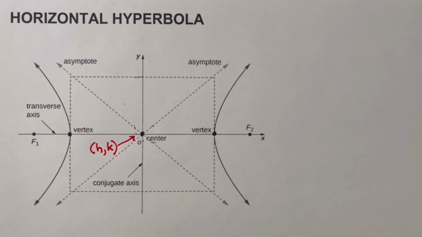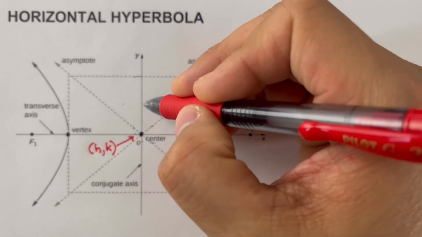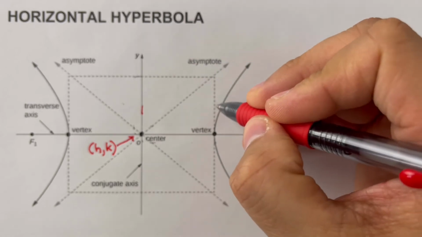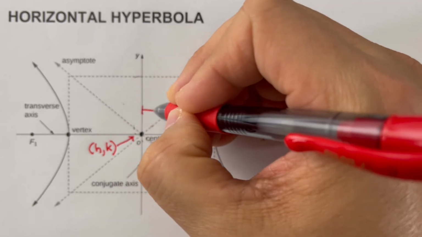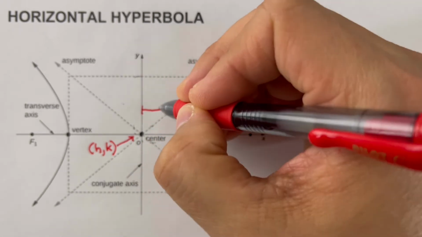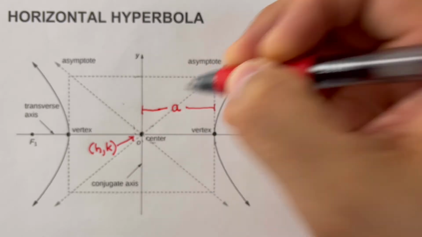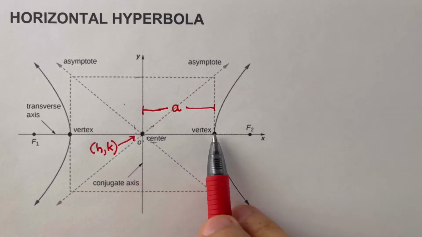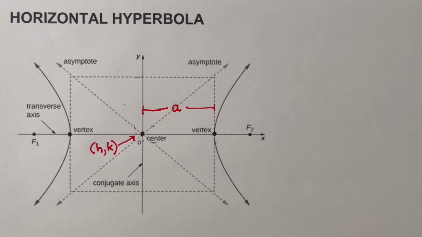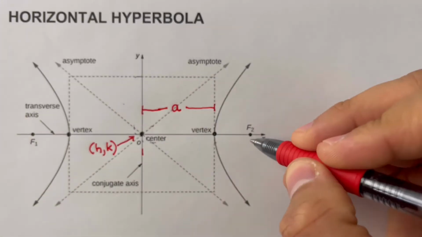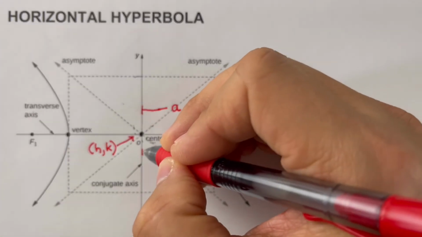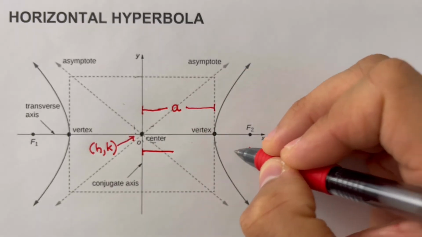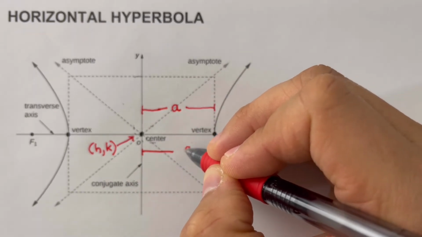And then the distance from the center to the vertex is represented as variable a. So I'm just going to go ahead and label this as a. Again, that is the distance from the center to the vertex, and the distance from the center to the focus, one of the foci here, is represented as letter c.